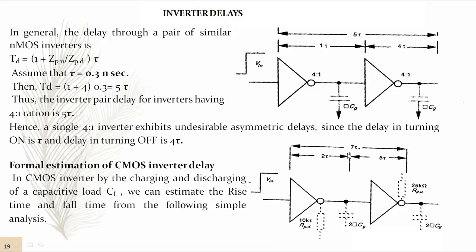In the CMOS inverter, here the values are there. Here 25K is for the PMOS device, 10K for the NMOS device. I think we have drawn this diagram.